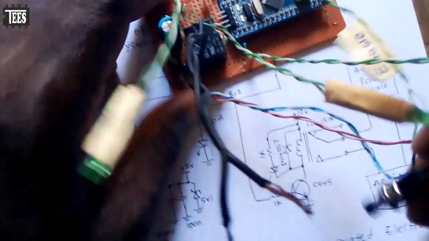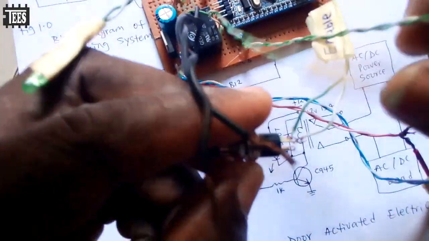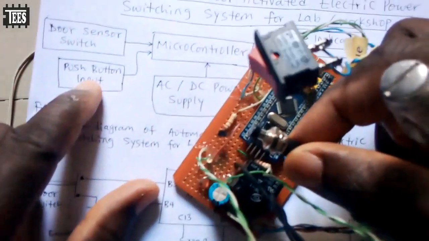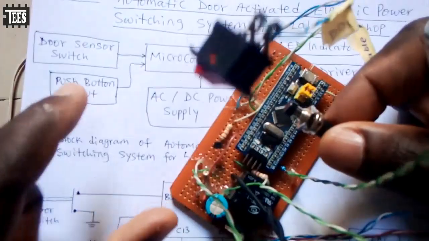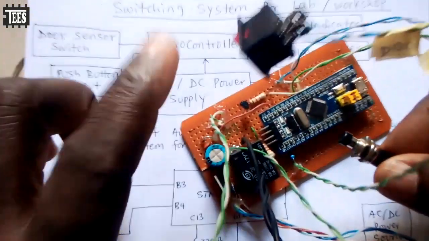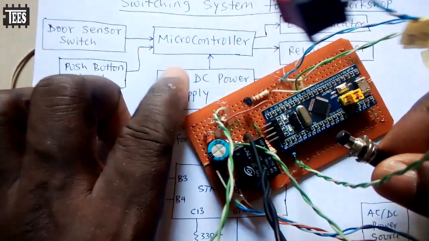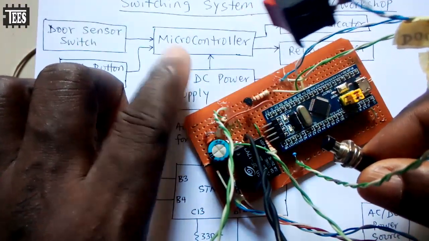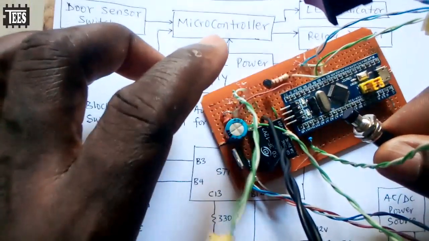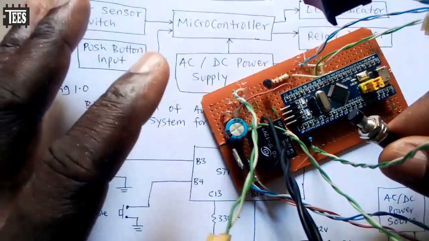What we have here is a push button, so that if you are inside the workshop, let's say you close the door and you are inside, before the system automatically deactivates the power switch, by pressing this button you are telling the system that you are inside the workshop and the power should be left on.